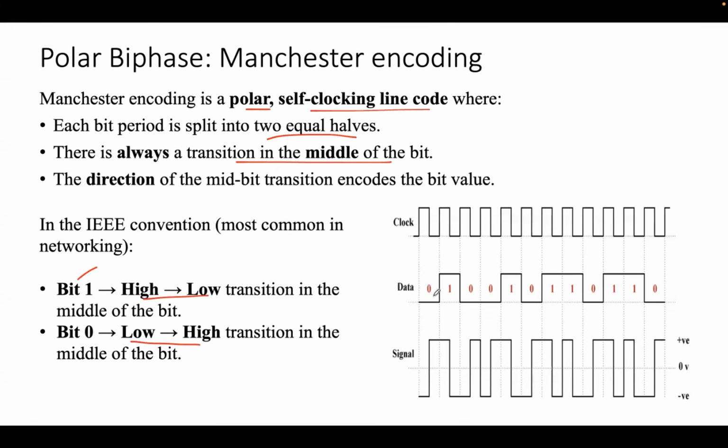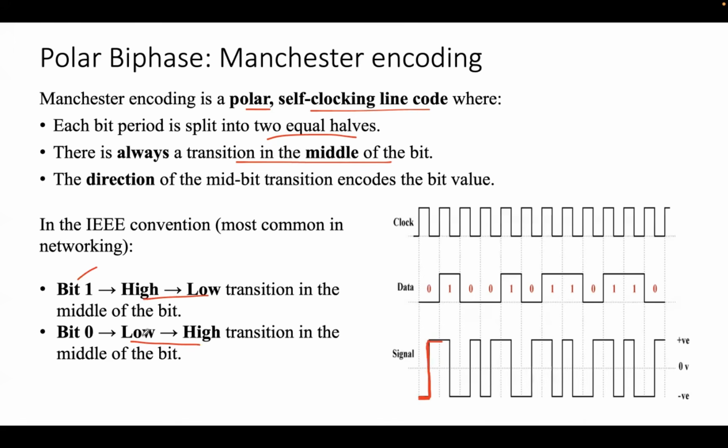So let us see this. This is the binary value 0. This is the first half, and for the first half it remains negative, whereas the second half should be positive. So for 0, initially it is low, and low is nothing but this part. After that, it should be high.